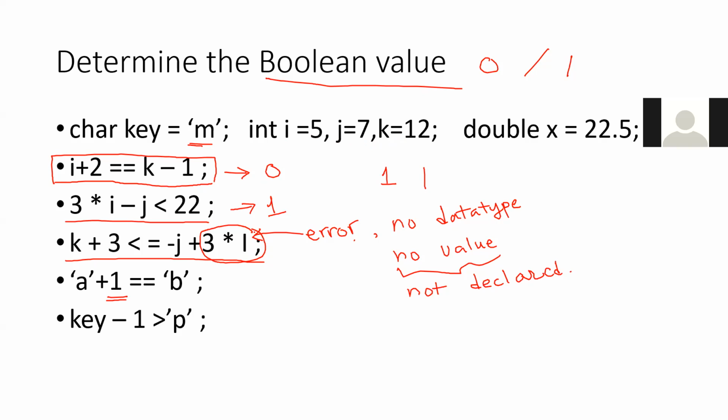Okay, so meaning that if it's not declared, what kind of value is it going to take? Since you didn't declare this, it will take 0.